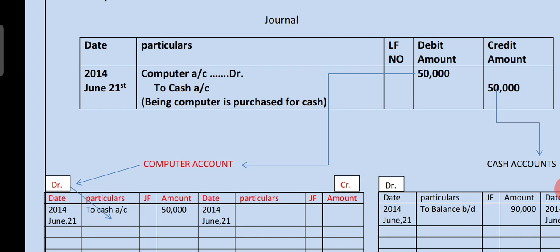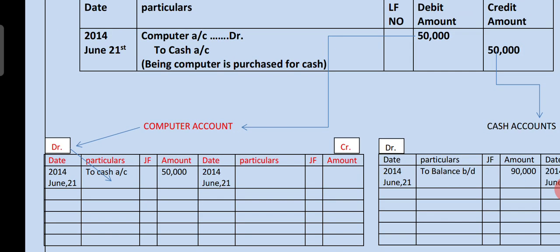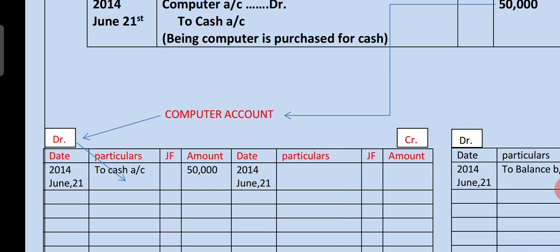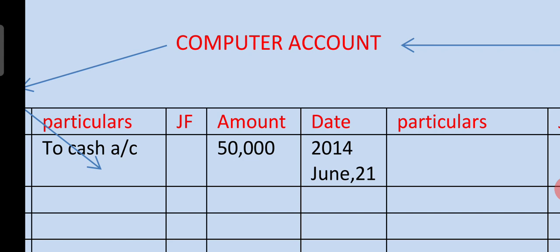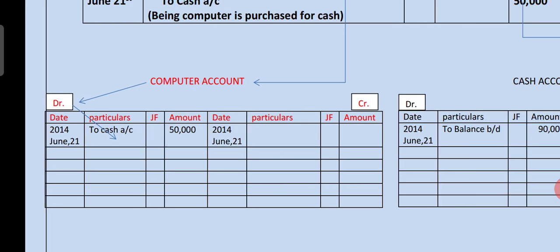Then you write the date, month and year. After that you write the opposite entry in the particulars column. The opposite entry for the computer account is the cash account, so we write that here. After that you write the amount in the amount column. Like this we complete the debit entry posting in the ledger account.